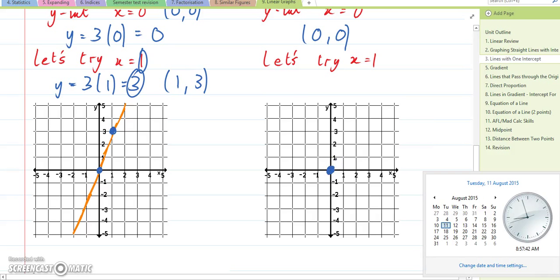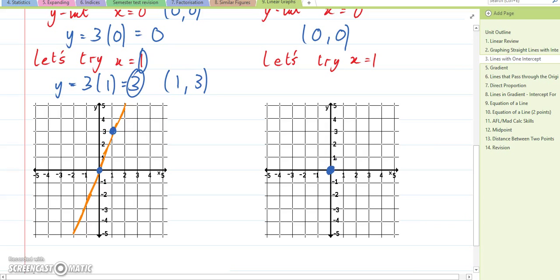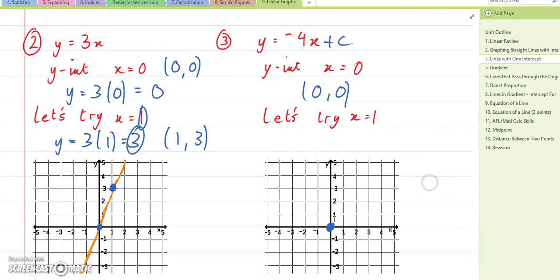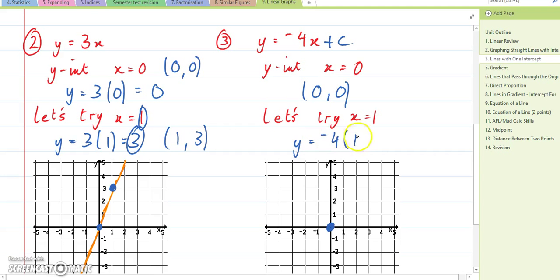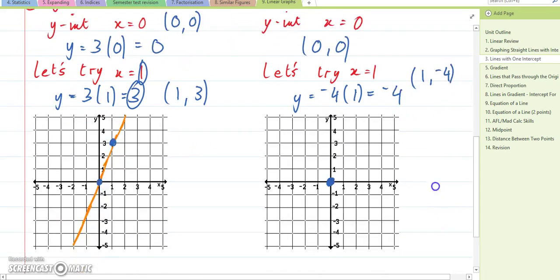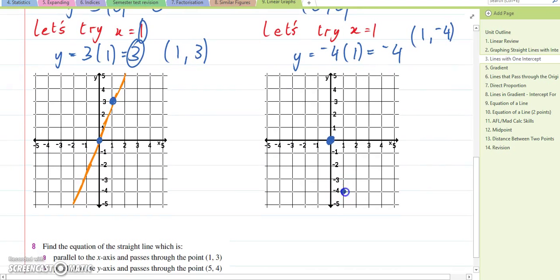So again, let's try with x equals 1. Which gives us -4. So when x equals 1, y is -4. So let's have a look at that. It's a pretty steep graph as well.